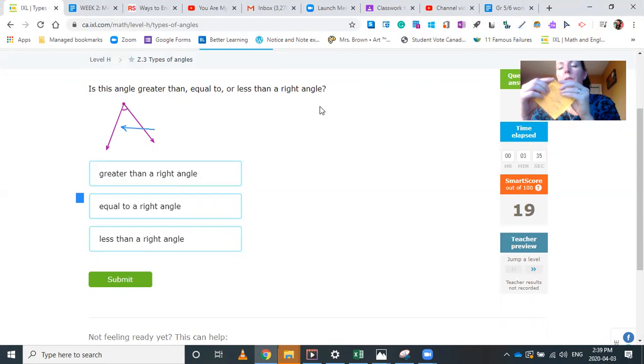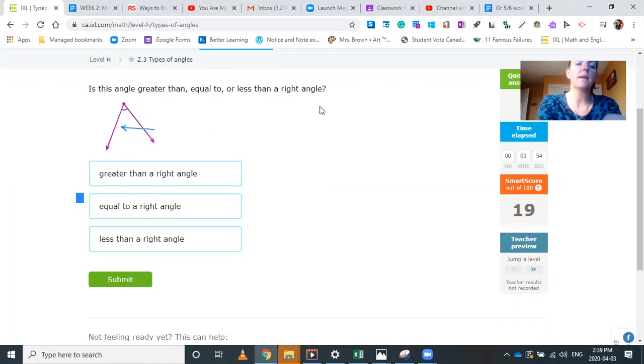If it's exactly perfect, then it should be a right angle, and it should have a little square in the middle to represent that angle. And if you can't see the second line because it goes in a bit too early, if it's smaller, then you know that it is smaller.